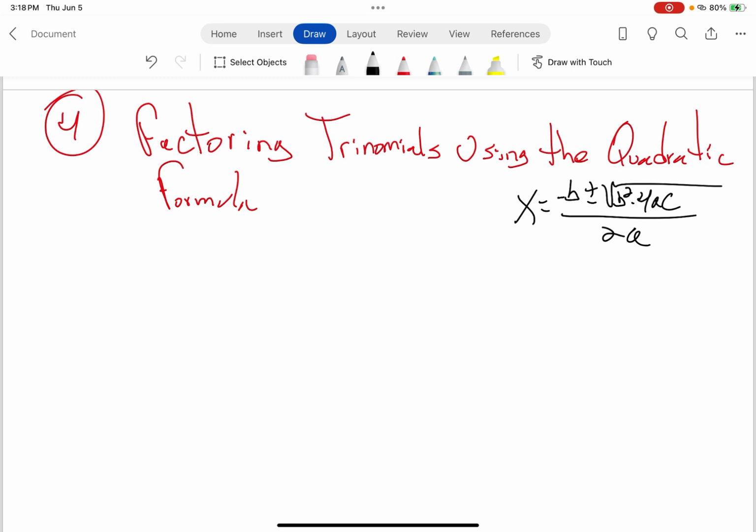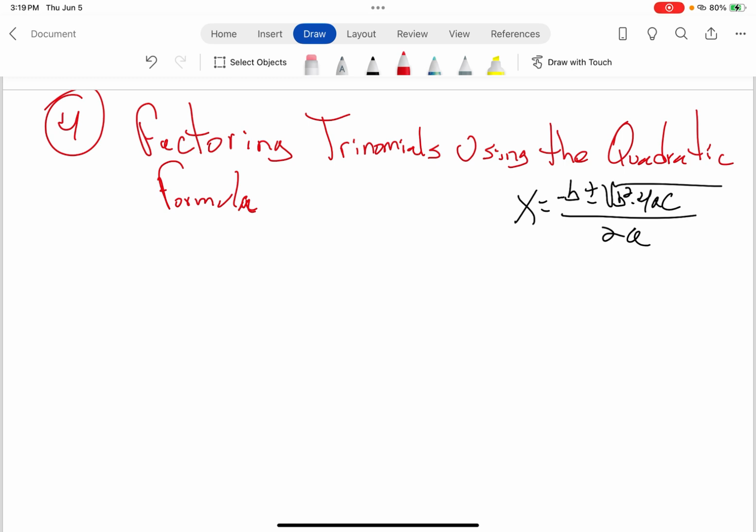So since you have that, you see that you have different variables here. You have B, you have A, and you have C. To find these numbers, you only have to look at the formula.